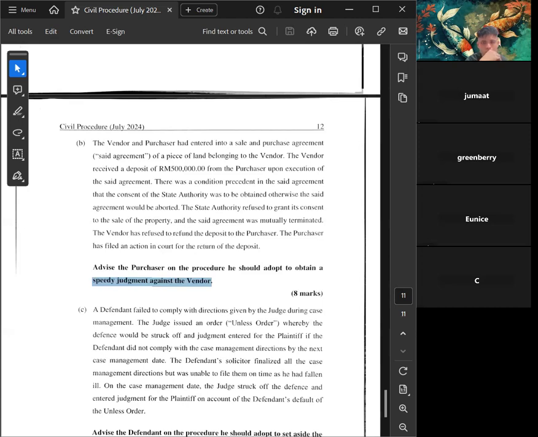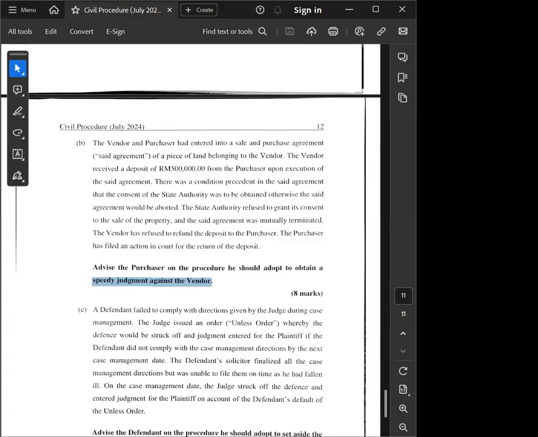Why do you all think it's Order 14? No, it's summary judgment, yes. But for summary judgment, there are a few orders, namely 14, 14A, 81, and 89.